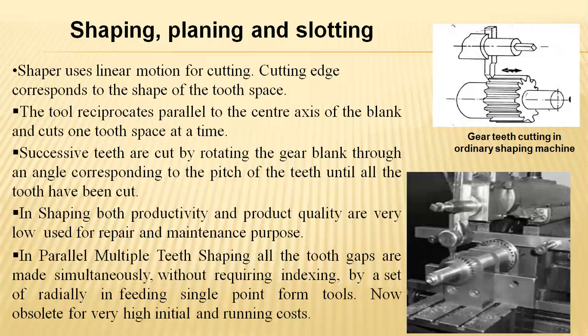As the tool reciprocates over the blank of the gear, we get the cuts throughout its process, and the work part is rotated at a fixed axis of rotation. A blank is fixed over it, and at a fixed consignment the rotary motion takes place, and the tool is monitored over the work part in sliding motions.